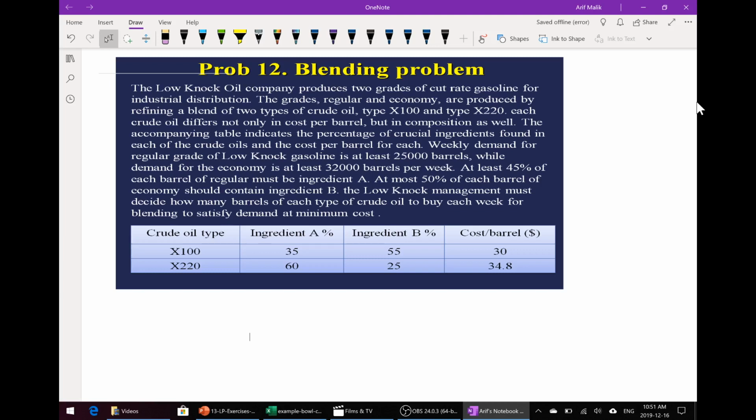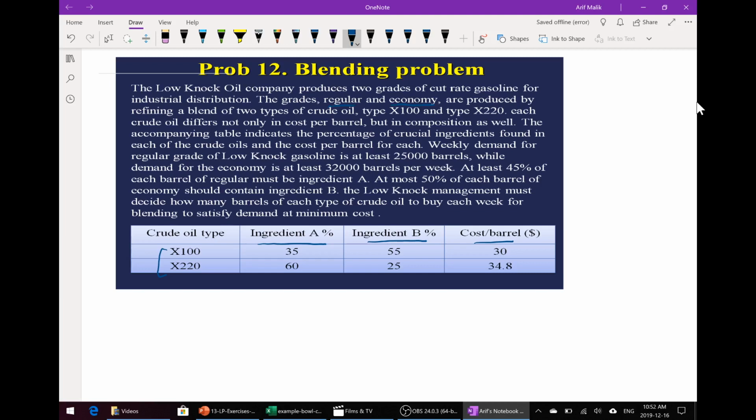So we have these two types of crude oils, X100 and X220, with their two ingredients in percentages, and the cost per barrel is also given to us. These are the crude oils, and we have to blend them to get the regular and economy.